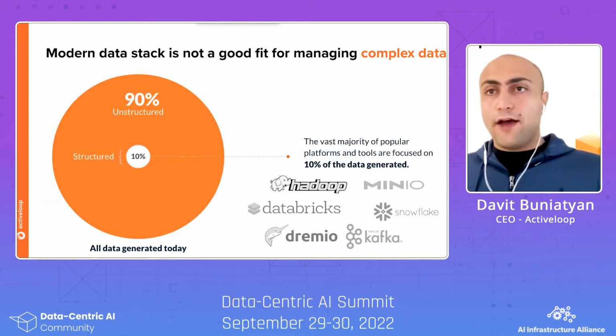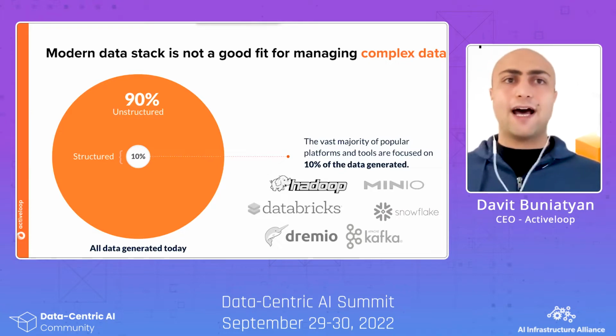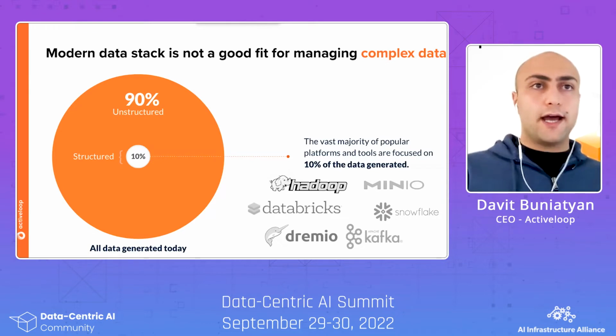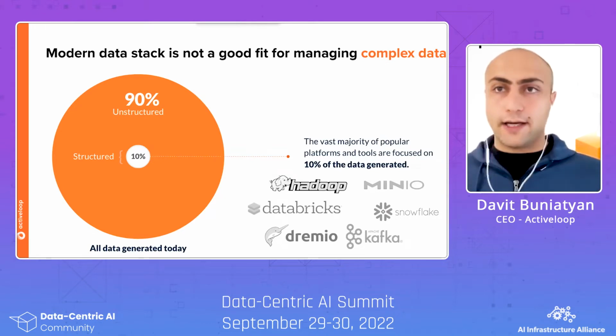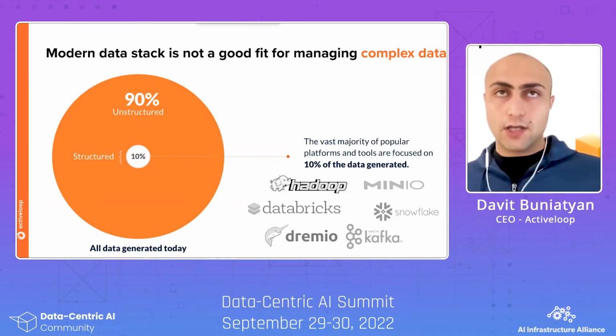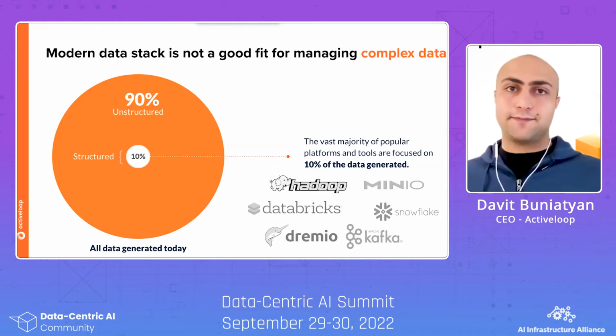And you have all these awesome databases, data warehouses, data lakes, now also called lakehouses, specialized for analytical workloads to store the data and then run queries or visualize the distributions of the data, but they're not good for complex data processing where deep learning shines.